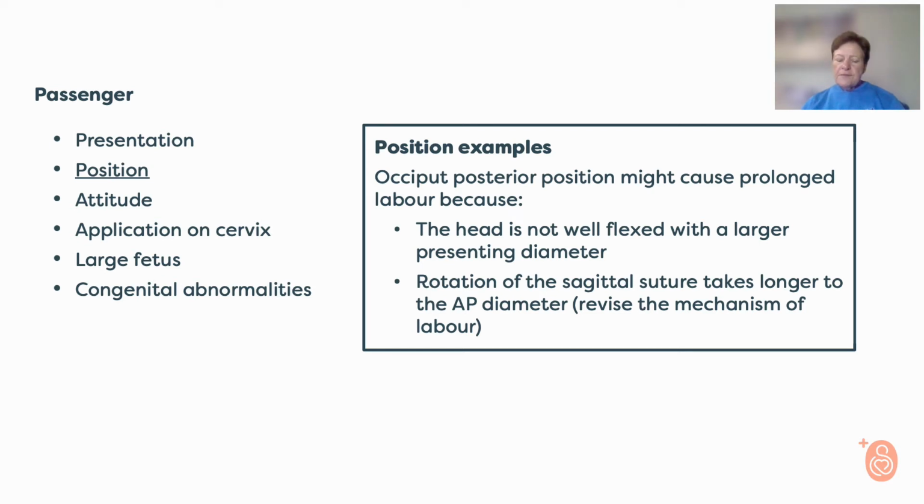So the occiput needs to rotate all the way from the posterior position to anterior or directly posterior, and that also might take a while and make labor a little bit longer. So it might be necessary for you to just revise the mechanism of labor of the occipito-posterior position again to understand what I'm talking about.